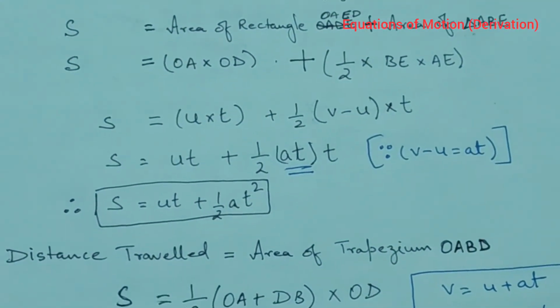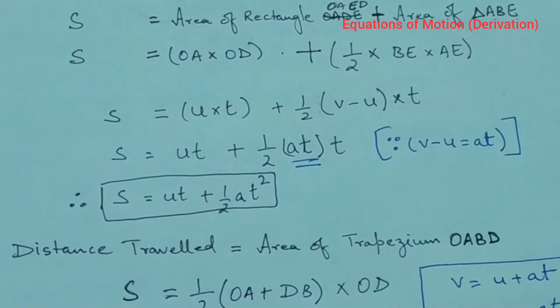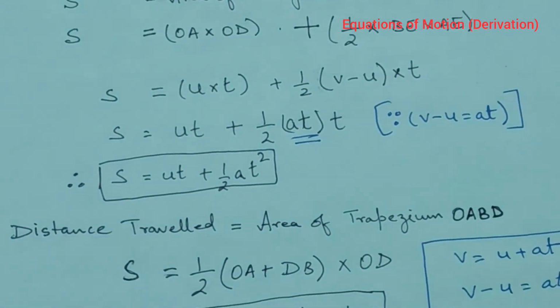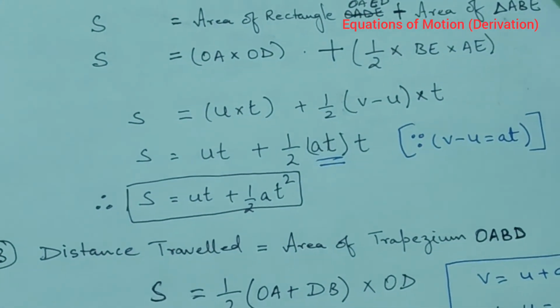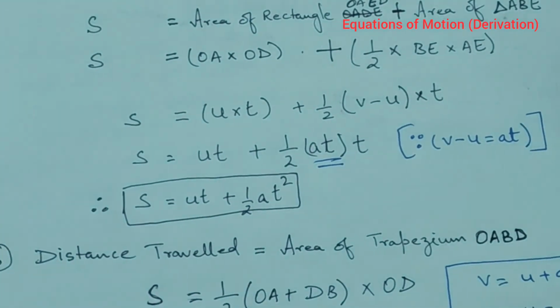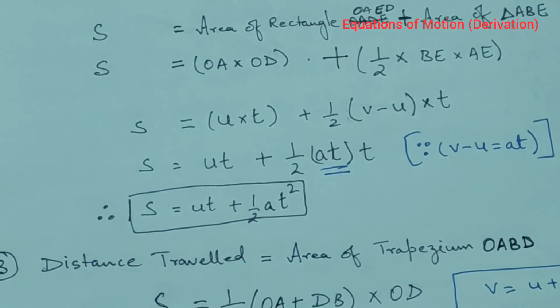So OC is equal to v. Now we try to derive the equations of motion. For the first equation, that is v equal to u plus at, we know that in a velocity-time graph, the slope of the line gives us the acceleration.